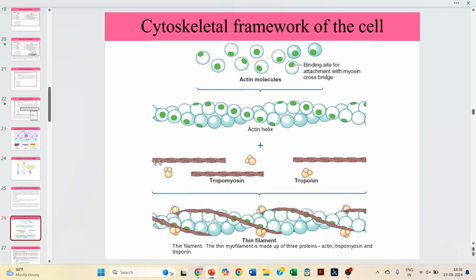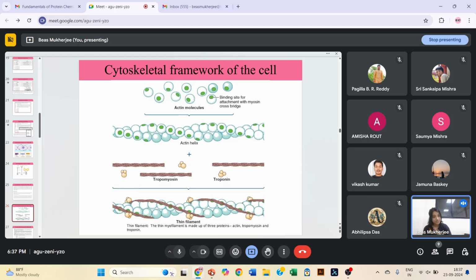Okay. Then what happens? Then comes in other proteins, for example, tropomyosin. Tropomyosin is also a fibrous protein which comes and binds to this myosin binding region of the actin. And there is also a trimeric protein which is called troponin. Troponin is made up of 3 different types of proteins, 3 different components. We will learn about them in the next slide.